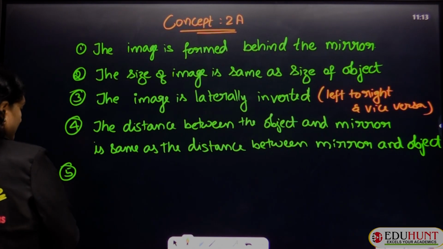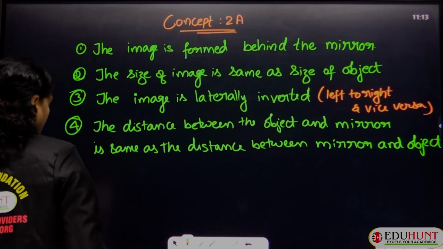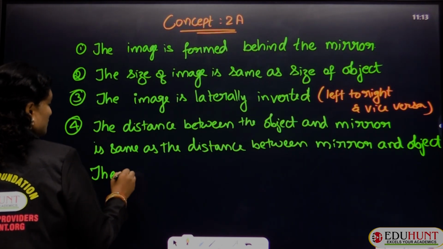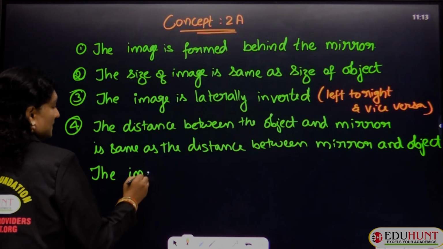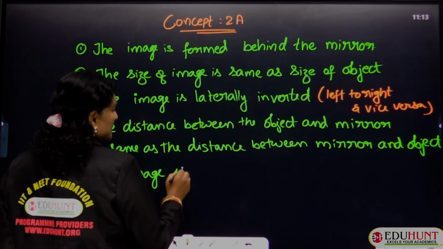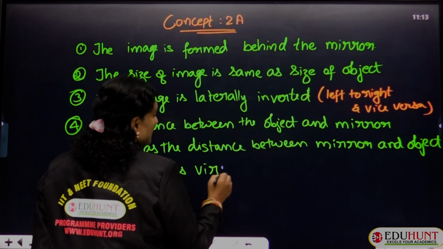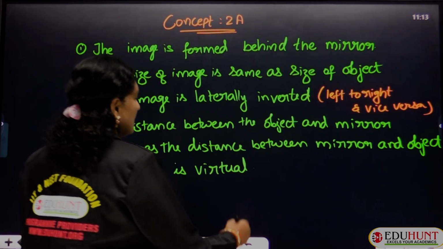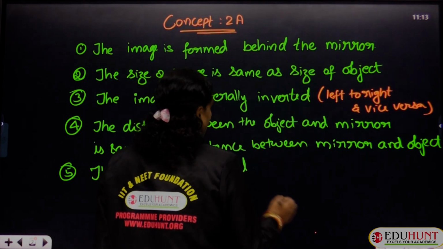Next, the last 2 points. The image so formed is virtual. Meaning of virtual? Virtual means it cannot be caught on the screen.